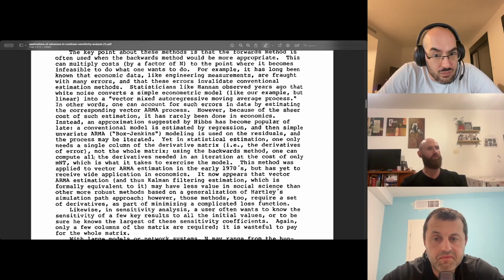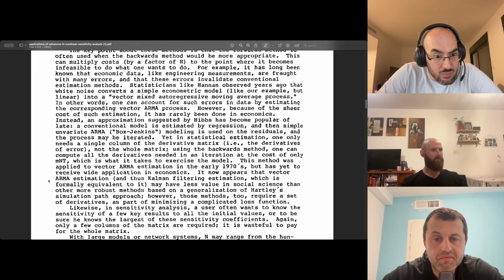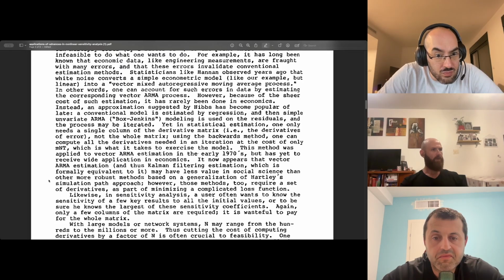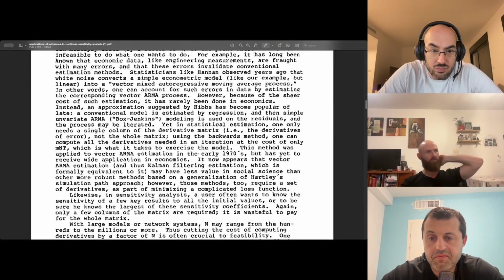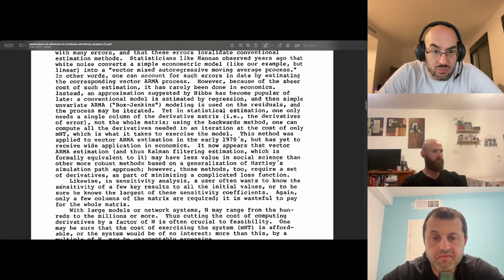Using the backwards method, one can compute all the derivatives indeed in iteration at the cost of only m times n times p. And again, the same motivation. When the output is much lower dimension than the input, you should do backward propagation.